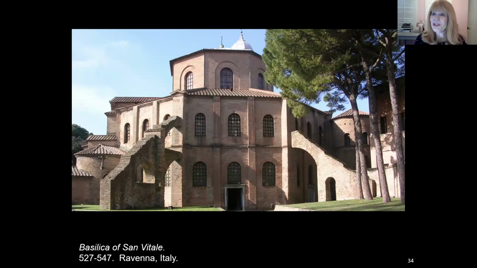The exteriors are very plain, and the reason for this is early Judeo-Christian architecture. If you think about the catacombs, with the very simple drawings, the exteriors are not important. It's what's inside that's important. It's the soul that's inside.